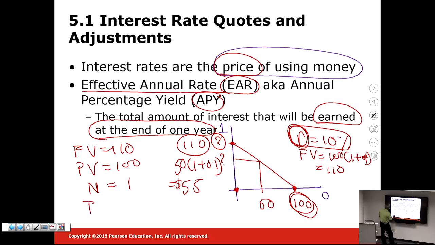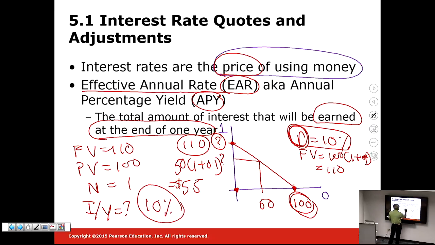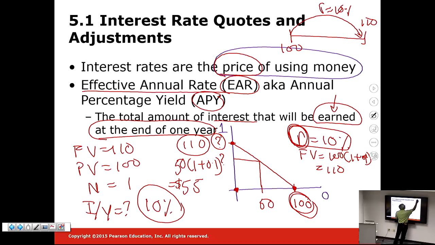What is my I/Y? My I/Y would come out to 10%. So that 10% is the interest rate that I am earning at the end of this 1 year process. Over this 1 year of investment, 100 today and 110 tomorrow would imply that I have earned an interest rate of 10% over that period. And that's my effective annual rate, or EAR.